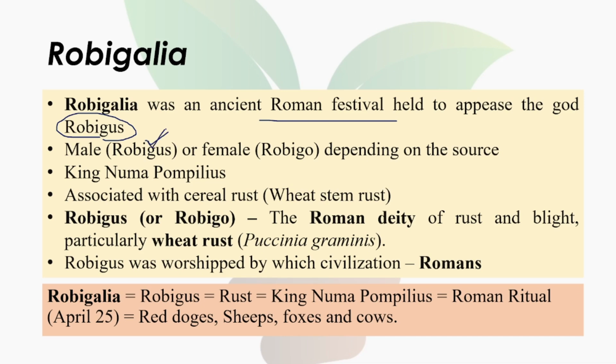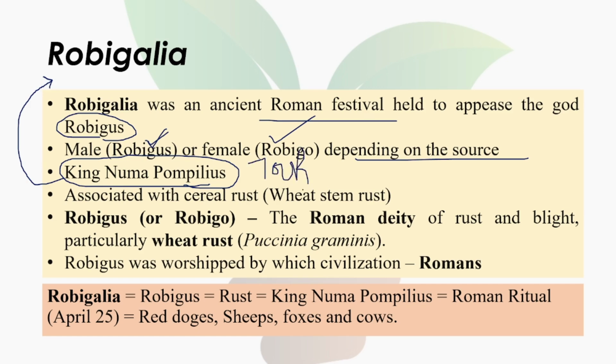The male god is called Robigus. The female god is called Robigo, depending on the source. There is a king called King Numa Pompilius, who is the one who established celebrating this. Before that also this festival was there, but it became a tradition with King Numa Pompilius around 700 BC.